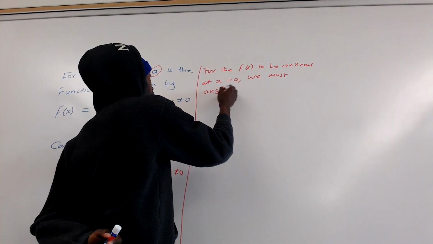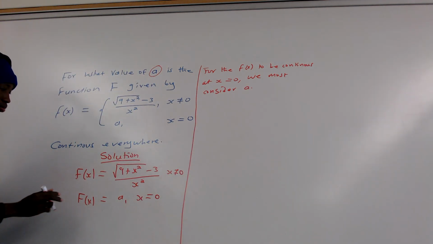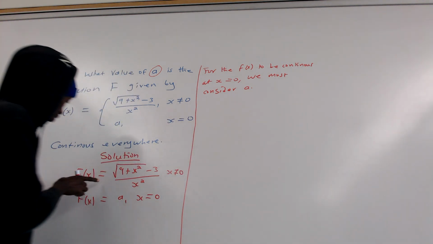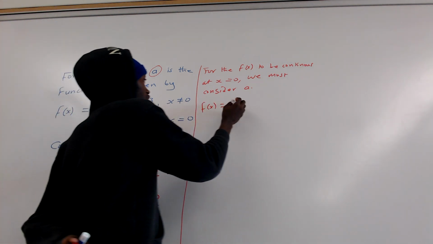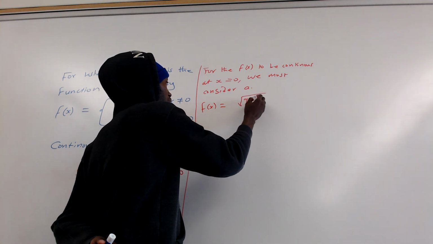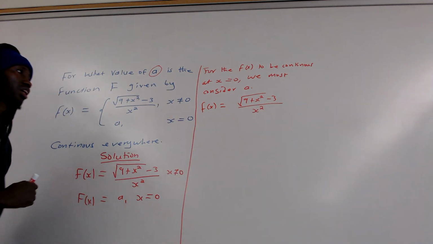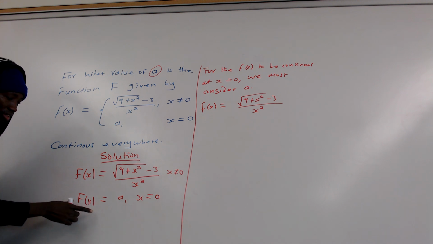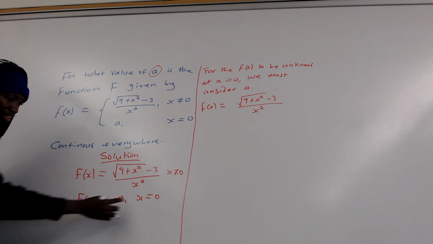If we consider a at this point, we need to take this function, f of x equals the square root of 9 plus x squared minus 3 divided by x squared. And when we choose a, that means when x is 0, we take f of x to be equal to a.